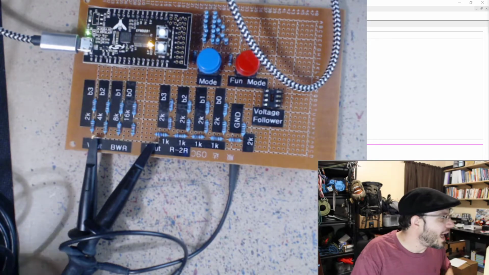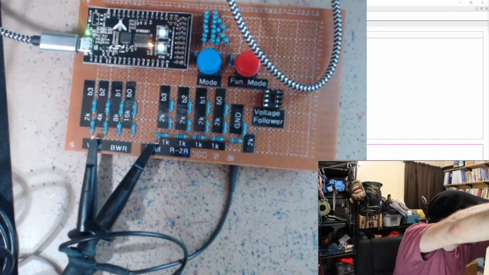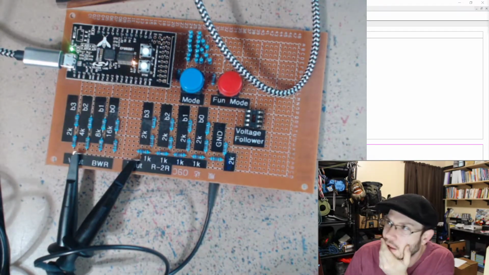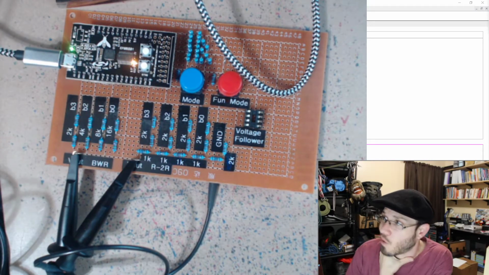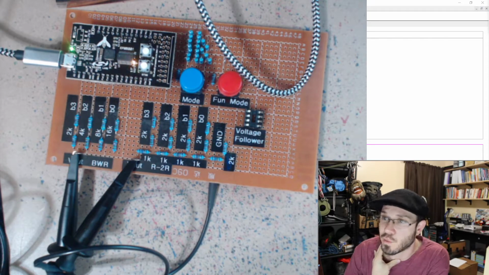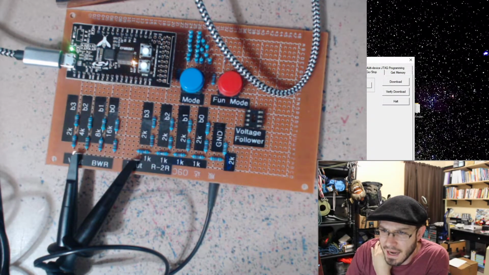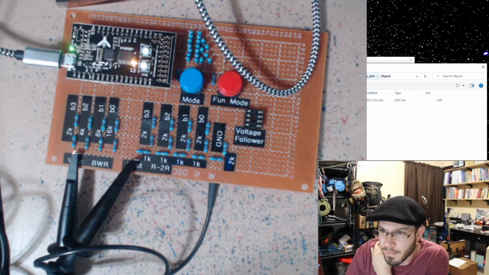And if I pull up my oscilloscope, we can see the result of both of these at the same time, because I'm writing the same value to each one of them. So let me program that up.